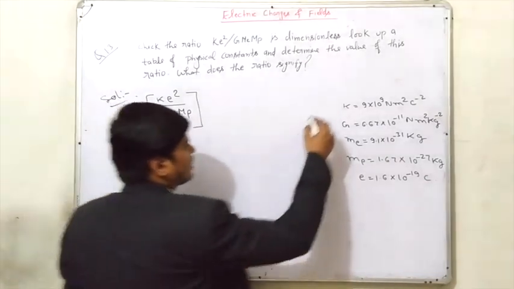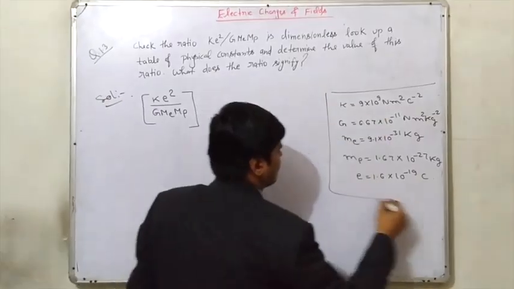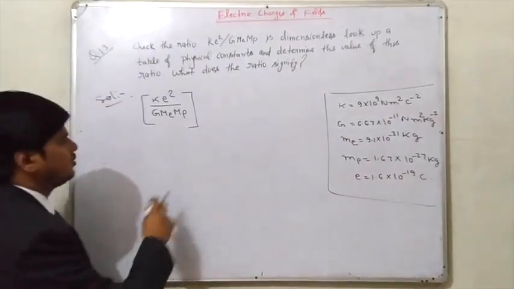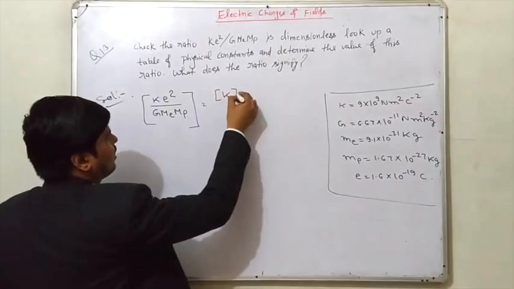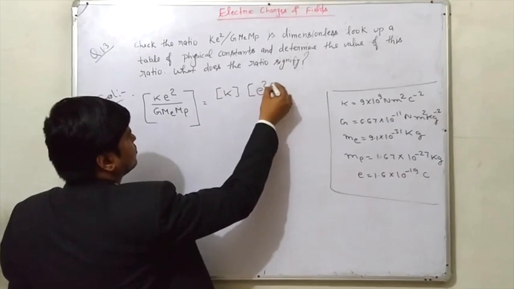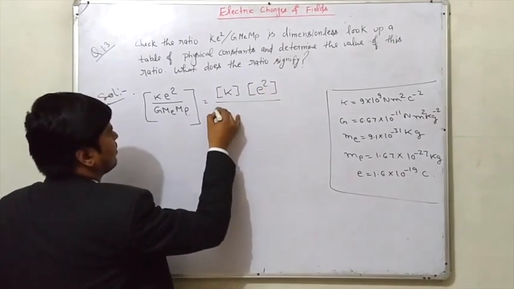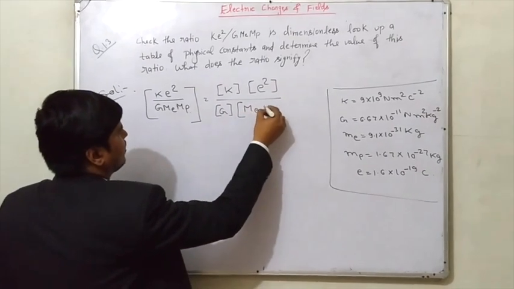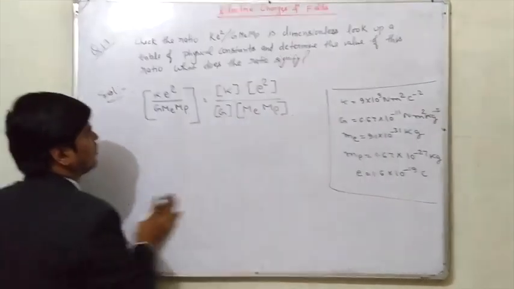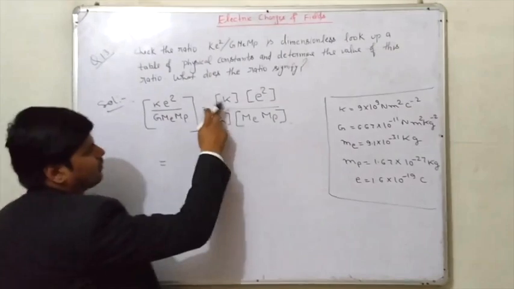Okay, these values are given. Put the units of these values: k, e square, G, me, mp. Okay students, what is the unit of k?